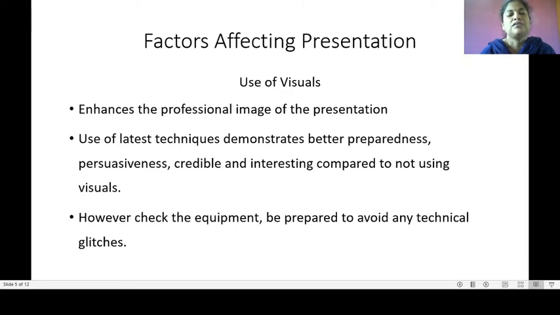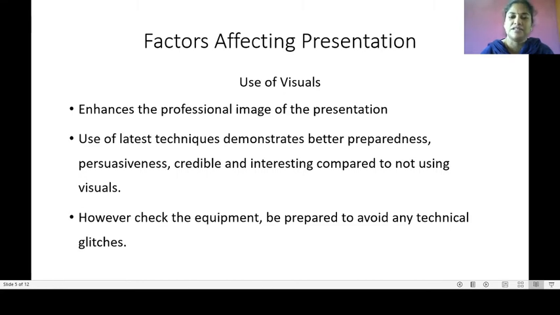Another thing, the fourth factor which would affect the presentation is use of visuals. As we saw in the previous session, once the presenter has finalized the idea or theme, he has to collect the material.